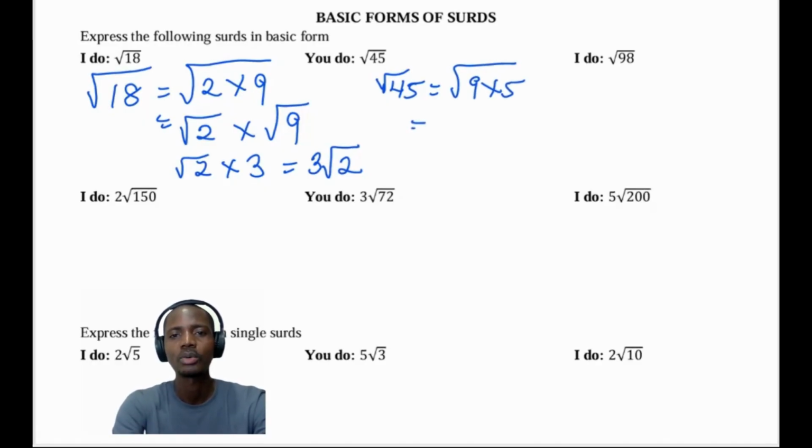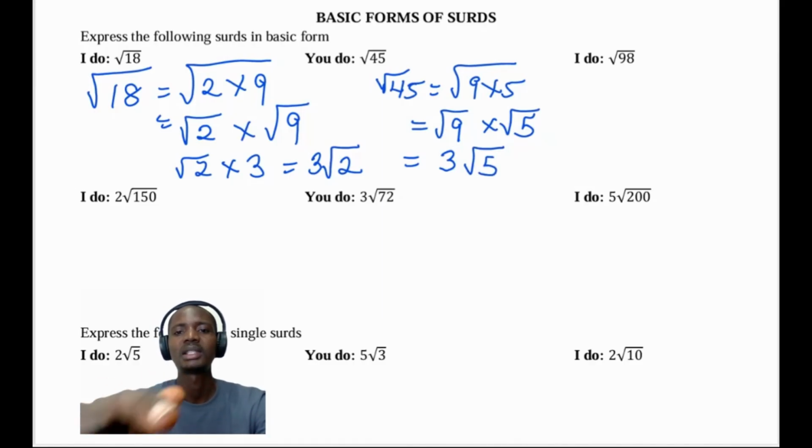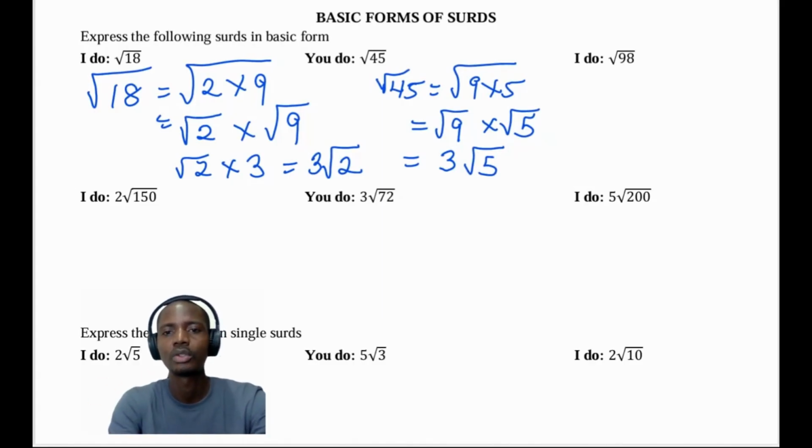So root 45 becomes root 9 times root 5. Now, root 9 gives us 3. Now, 3 times root 5 becomes 3 root 5. So it means that root 45 in the simplest form is the same thing as 3 root 5.